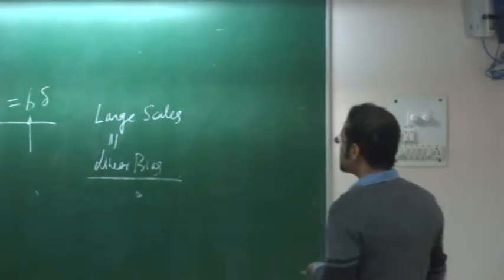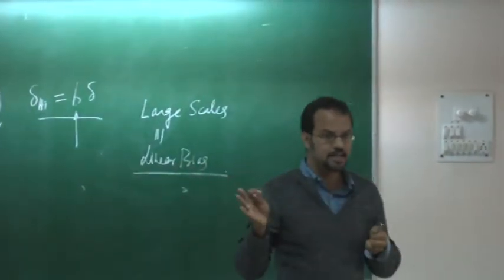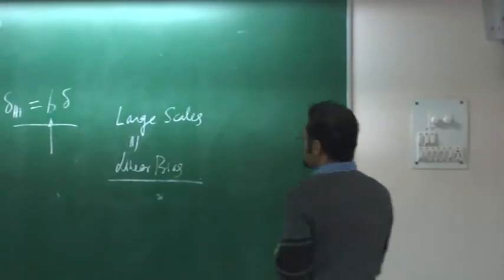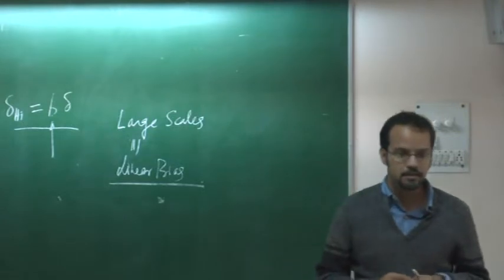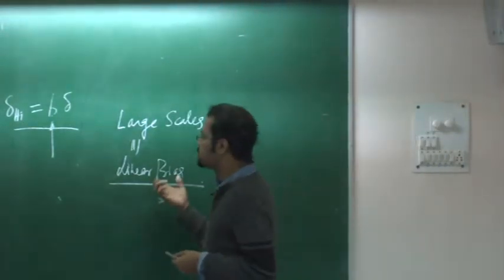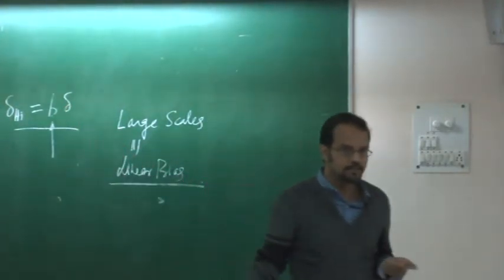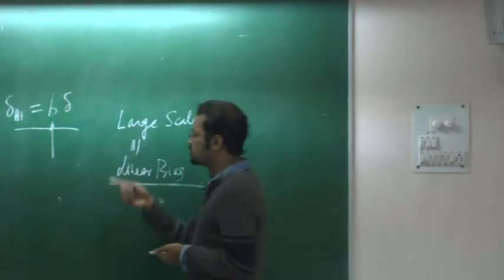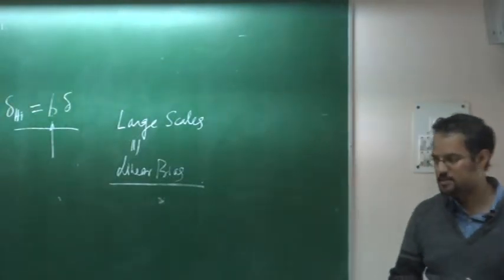Even if you put in hydrodynamic effects and all sorts of astrophysical processes, when you look at scales which are pretty large, such a linear bias model is seen to be obeyed. Of course, you cannot measure this directly, because dark matter you cannot see. But you can always look at simulations, where a linear bias model is seen to be valid at large scales.